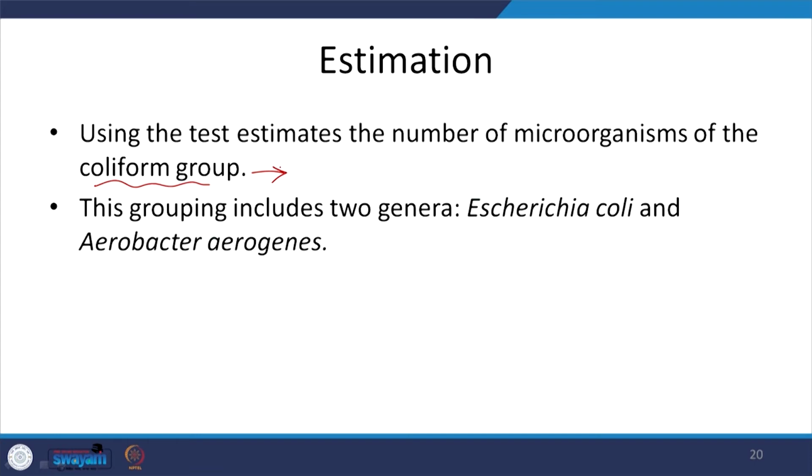Why do we look at this coliform or this indicator organism? Why did people choose coliform? Because it correlates very well with the pathogens that are released from our gut or from our feces. And equally importantly, it thrives well outside our human body. It is not as if it thrives only in the body, because if I can't measure it outside in the environment or water, it is of no use.